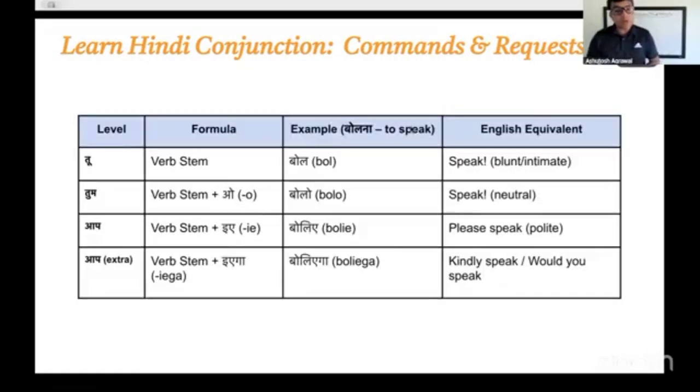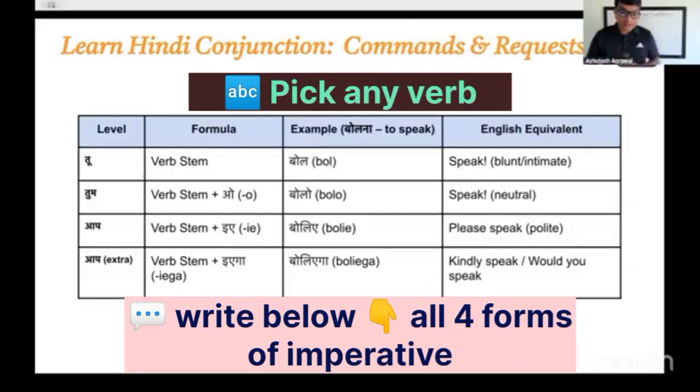So how does it work? I spoke about the verb aana; let's take another example, the verb bolna, to speak. What you do is you take the base stem of the word. What is the base stem of bolna? Bol. You remove the na and you're left with just bol. In the first politeness level, you just say bol.